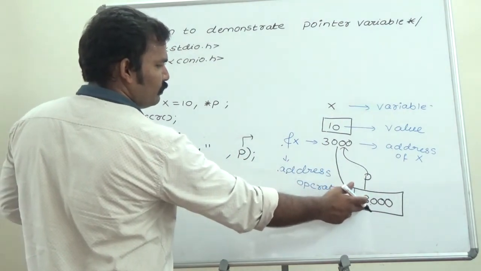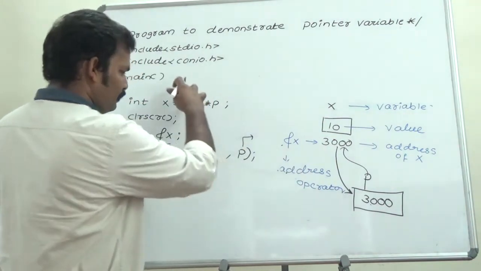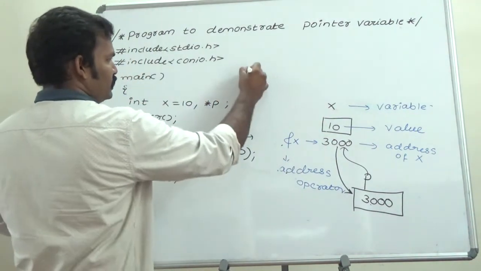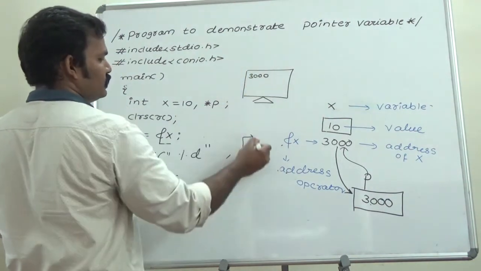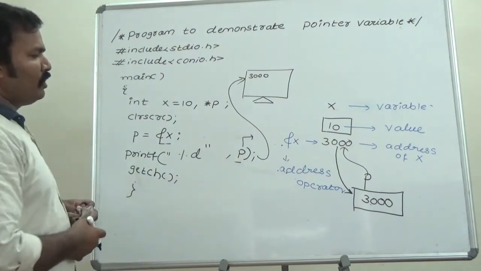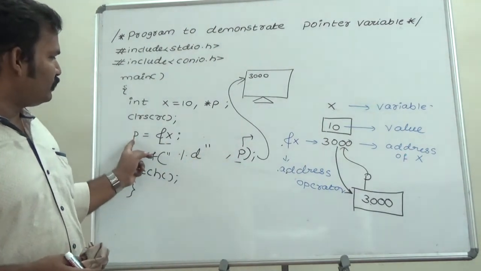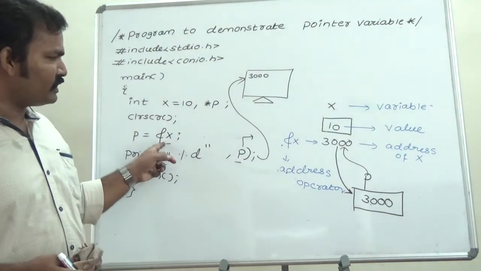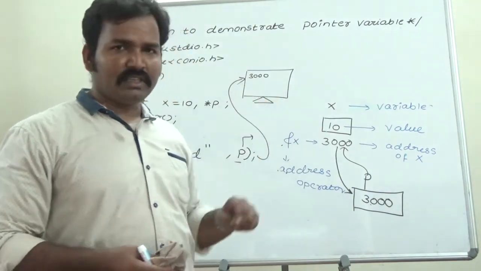The address of the x variable. So what is the address of x? 3000. So if you execute this program, the result is 3000, because this printf statement prints the pointer variable p. The p variable holds the address of the x variable, and the address of x is 3000, so the result is 3000.